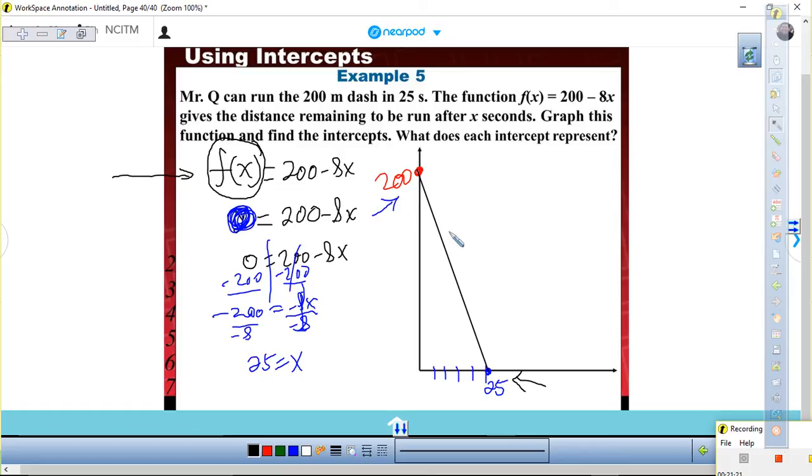Brian, what does the y-intercept represent? That is correct. That's the distance of the race. And what is the x-intercept? The time, thank you, it takes for me to finish the race.